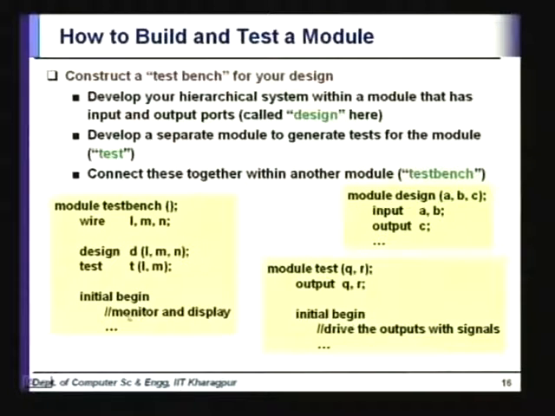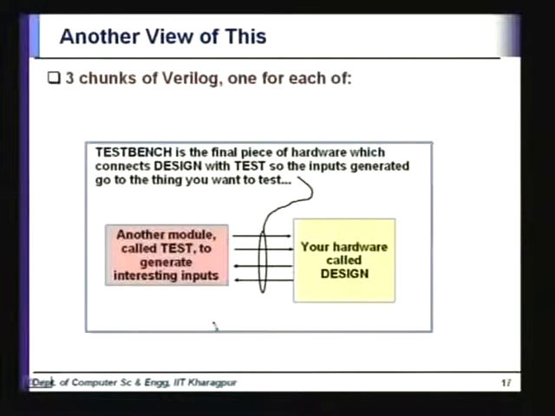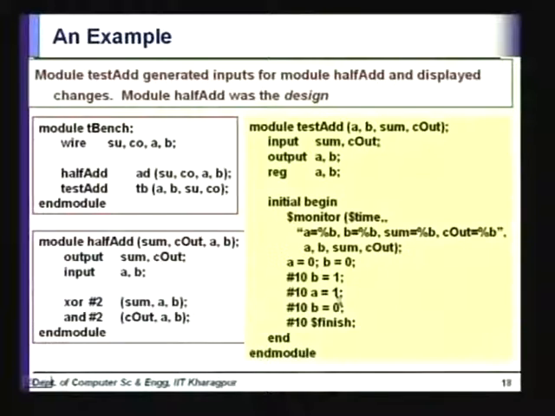And then this can also have its own initial block to set up the monitor and the display. So this reiterates what I have said just now. So this is your design, which is the DUT, design under test. This is the test module and this is the test bench.